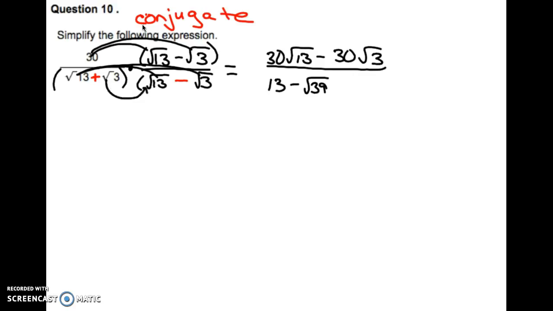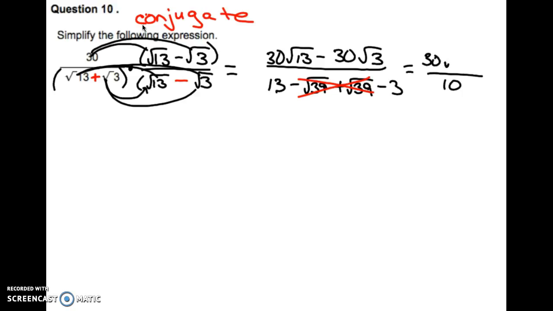Positive root 3 times root 13 is root 39. And finally, square root 3 times negative square root 3 is negative 3. So this is the beauty of a conjugate, because the roots cancel out in the bottom. So our denominator is just going to be 13 minus 3, or 10.